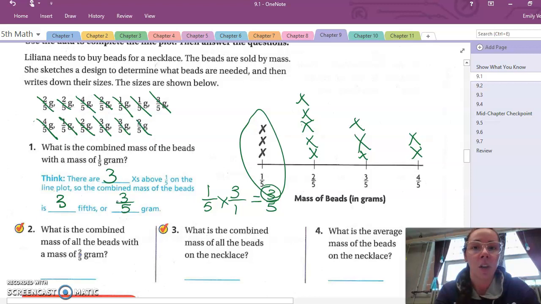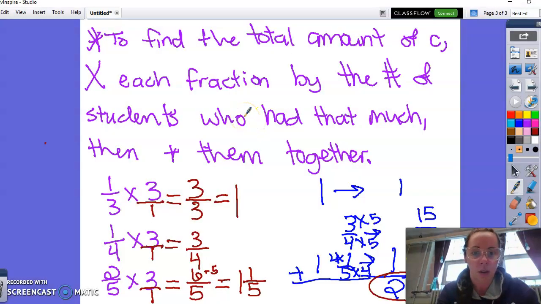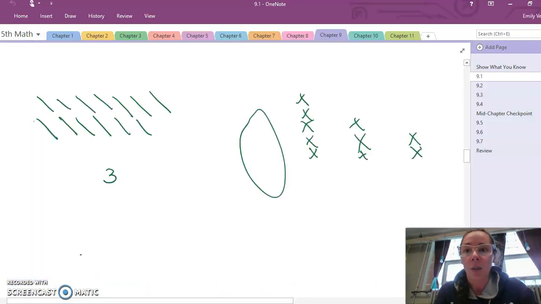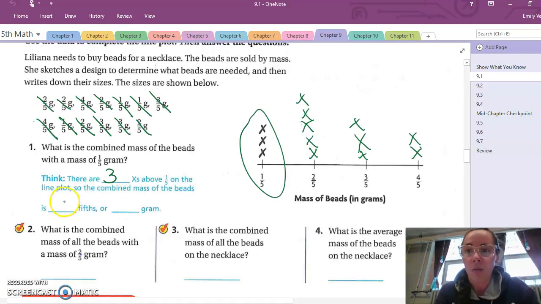Okay, so we're just using our line plot here. You have it. Okay. What is the combined mass of all the beads with a mass of 2/5 of a gram?